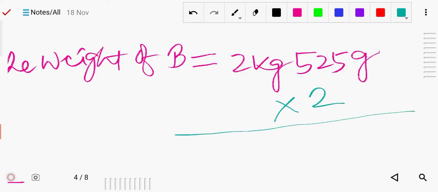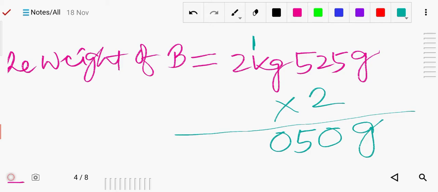So multiply it. Here in grams, 2 into 5 is 10, carry 1. 2 2s are 4 plus 1 is 5, carry 1. 5 2s are 10. Now this carry you don't write. That 1 will come as a carry.